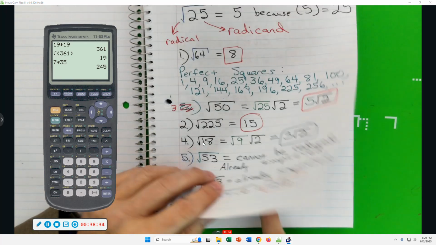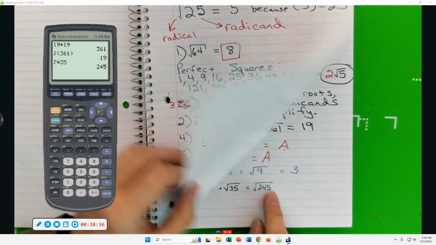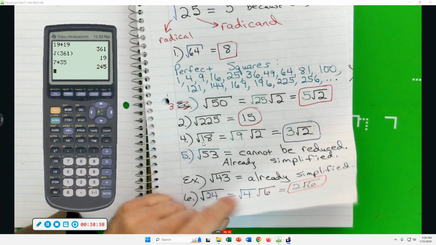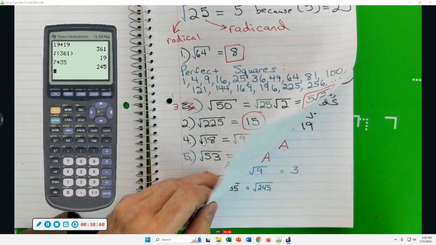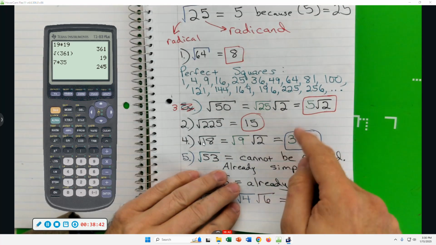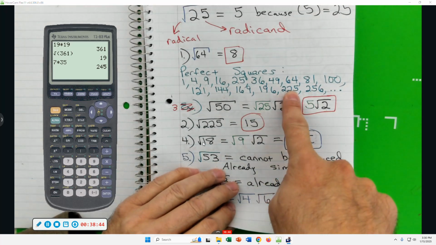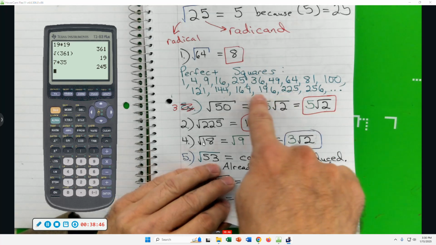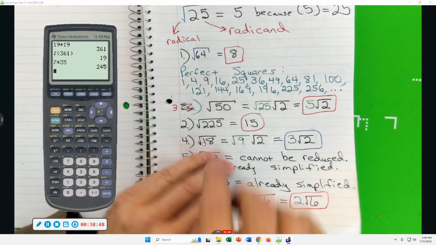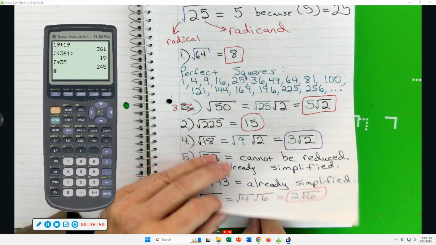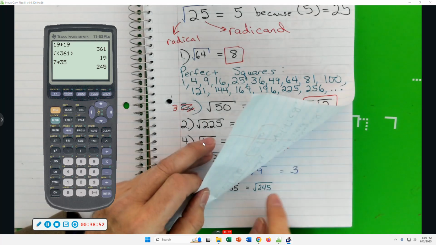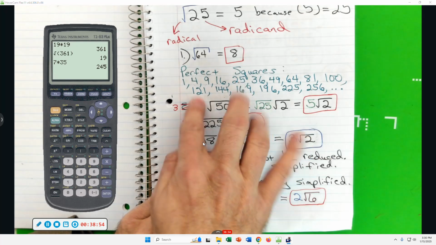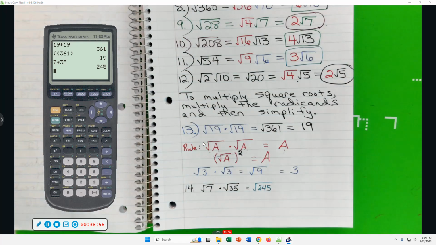Now, 245 is not a perfect square. So, gosh, where do we start? You want to start at 225? Or if you want to go further along, 144 would certainly not divide evenly into 245. I think I'm going to start with 121 with my calculator.